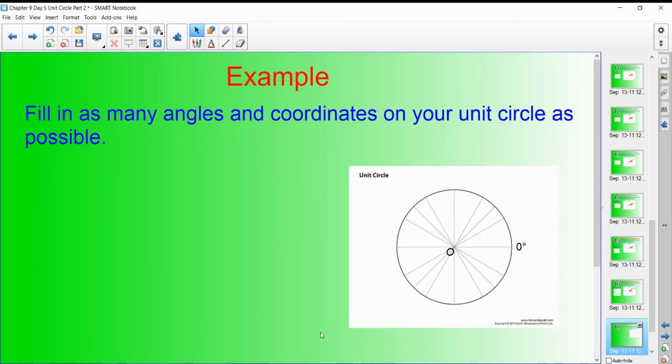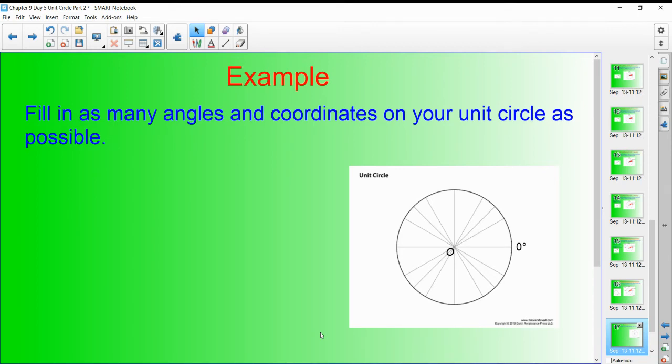So now it is your turn. I want you to take probably 10 minutes, fill in this unit circle, understand the concepts, think about where the negatives go, where the positives go. What does the special triangle look like?